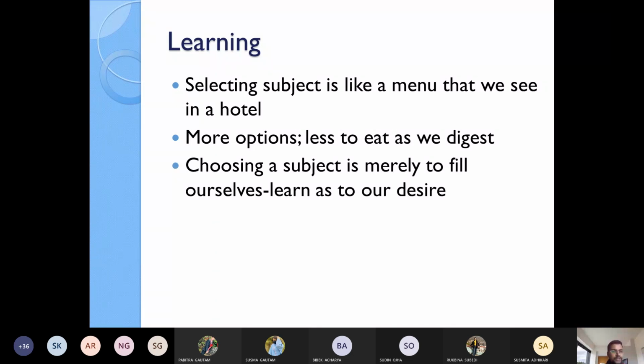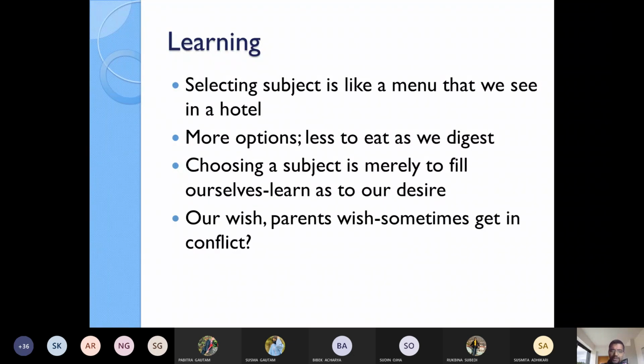Likewise, choosing a subject is similar to that, and we choose based on our desire, based on our wish. It is our wish, but sometimes parents' wishes also come into conflict.